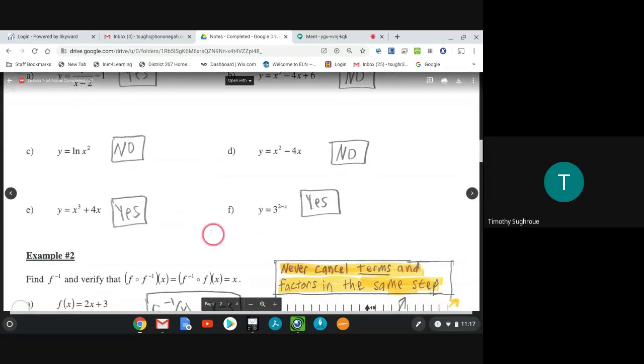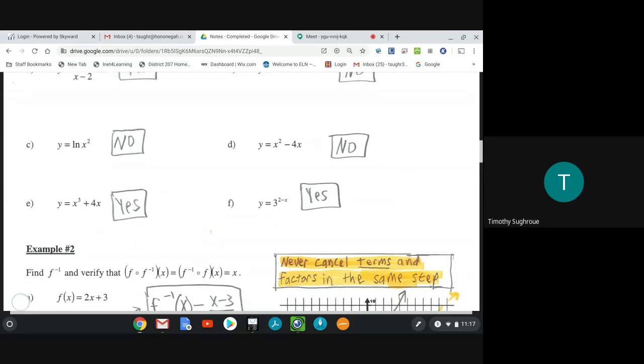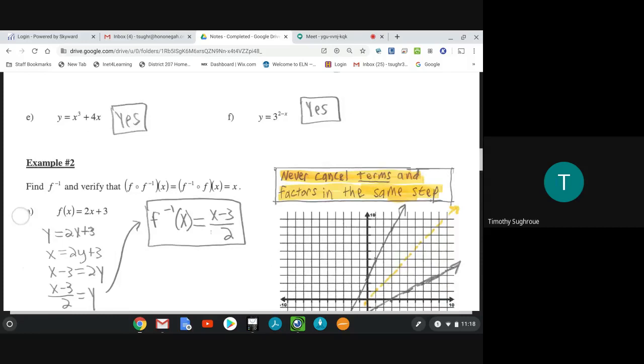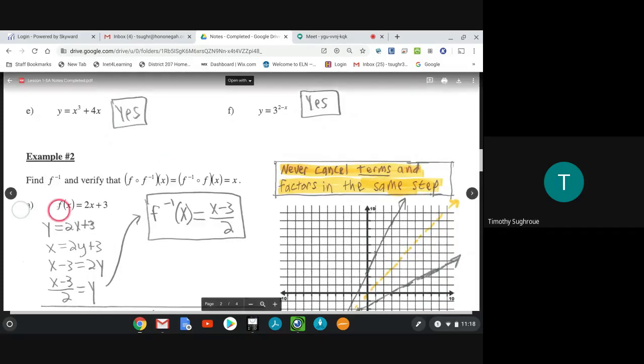So identifying whether we have an inverse or not is important, but it's not going to be critical as we progress. These problems are going to be on the first test where I ask you to find the inverse of a function. I also want you to graph this because I want you to recognize that a function and its inverse, when you graph them, are mirror images about the line y equals x.